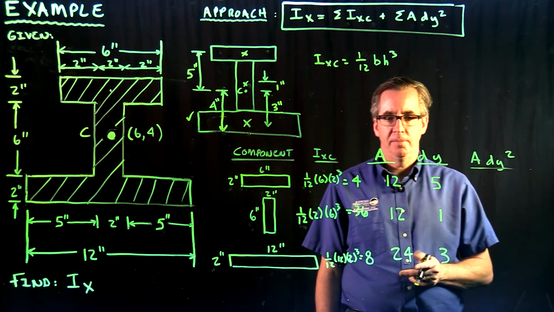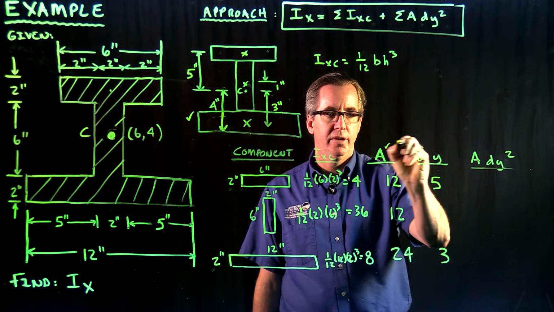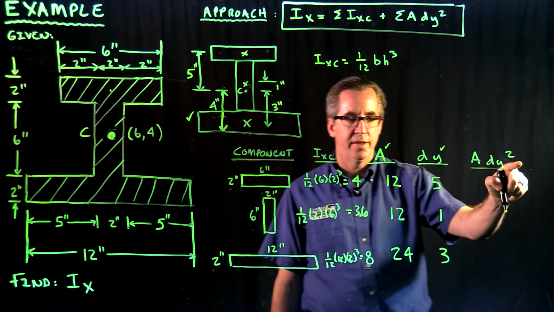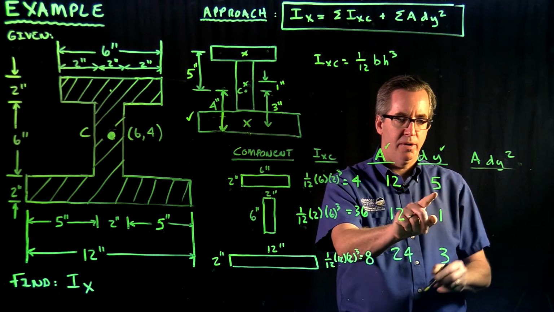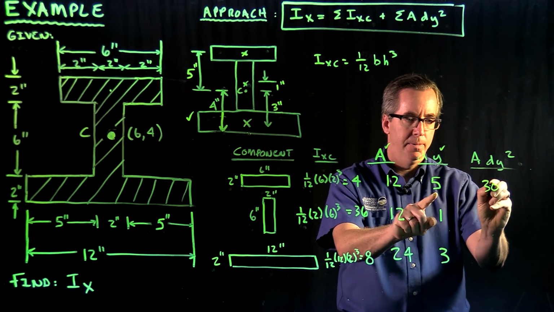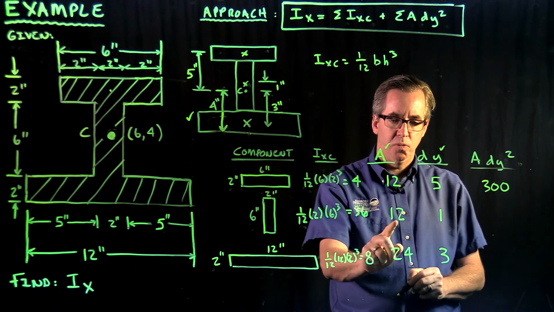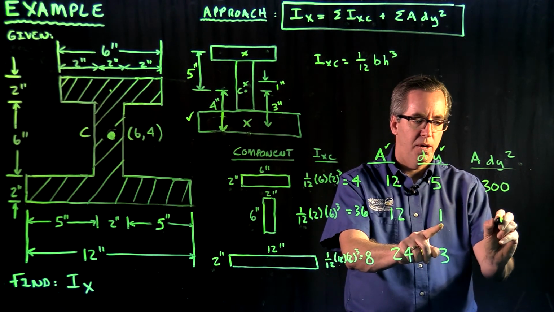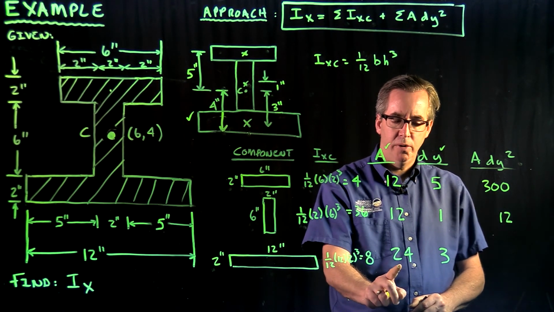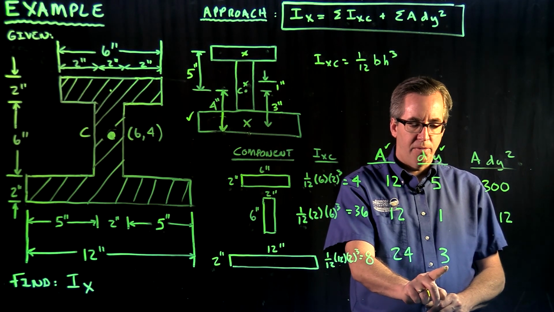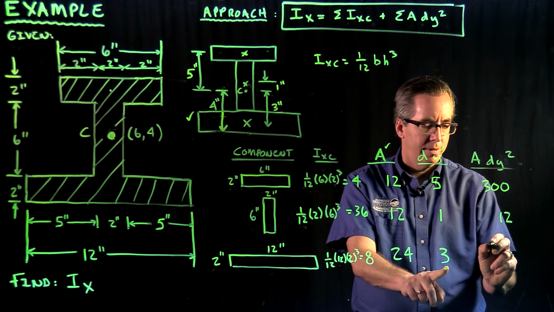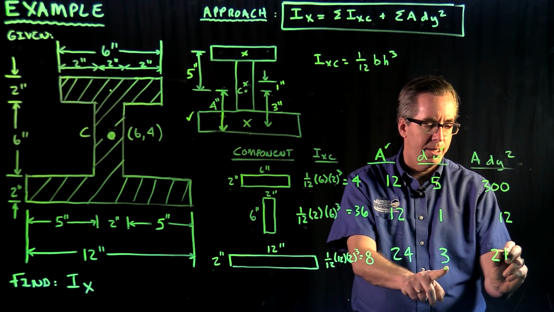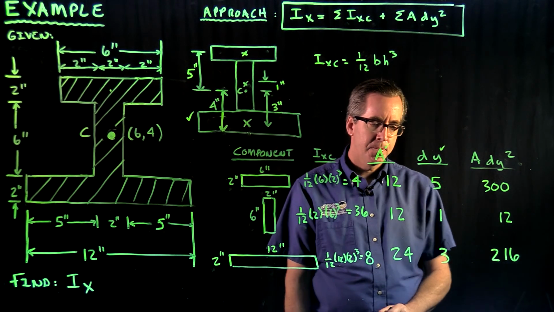So now all we have is some math. We're going to take this area term times dy squared to get this last column. I've got 12 times 5 squared, which comes out to be 300. I've got 12 times 1 squared, which is 12. And then I've got 24 times 3 squared, which is 9, that comes out to be 216.